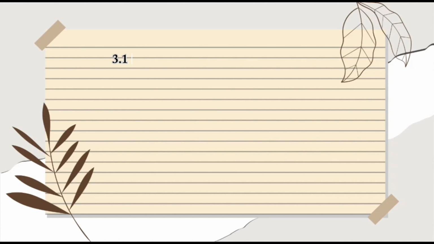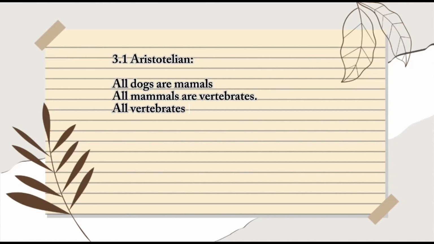So another example in Aristotelian sorites. All dogs are mammals. All mammals are vertebrates. All vertebrates are animals. Therefore, all dogs are animals.